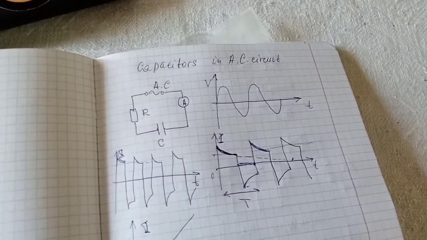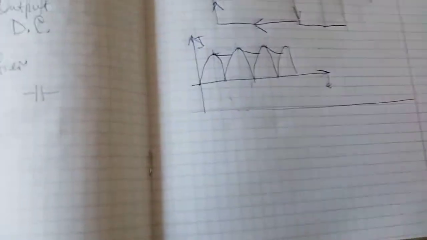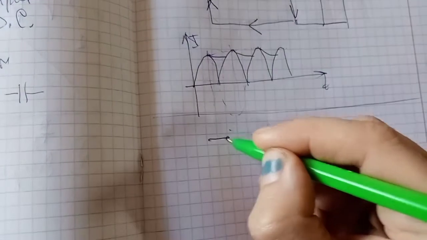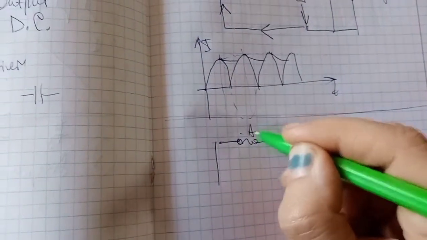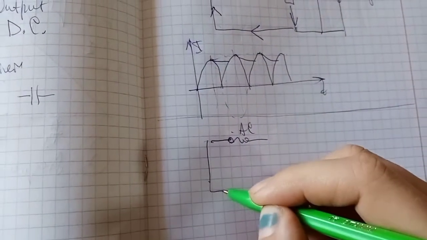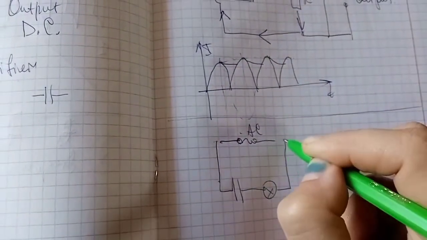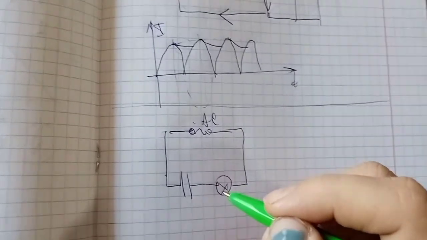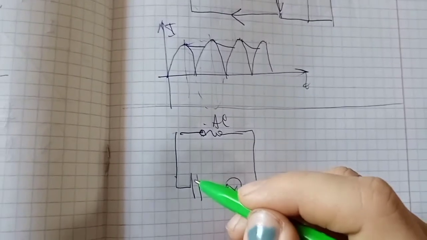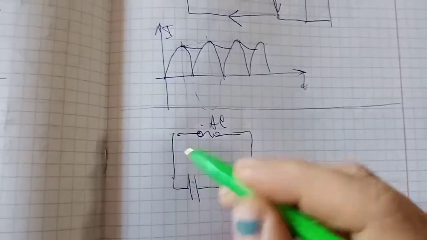For example, we can see an example where we have such a circuit with alternating current. Here is a capacitor and a lamp, and we want to understand how the lamp will work. If we put some insulator here, it will not be a problem.